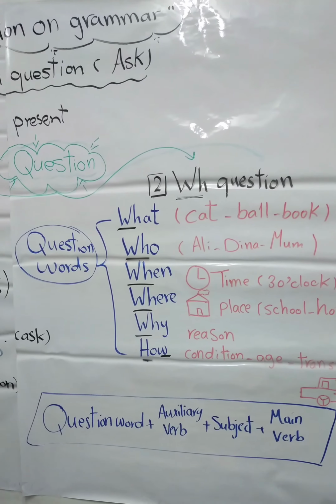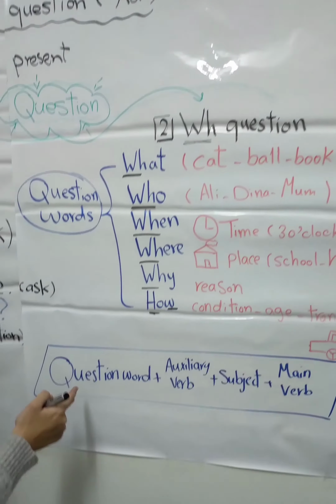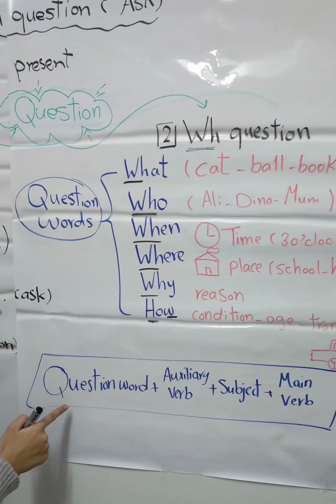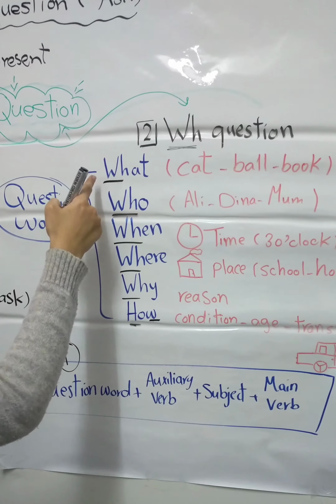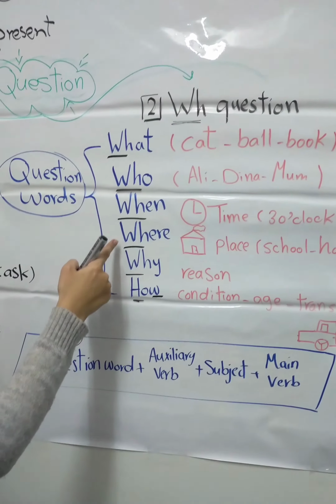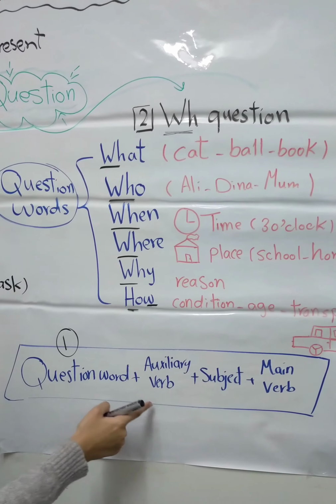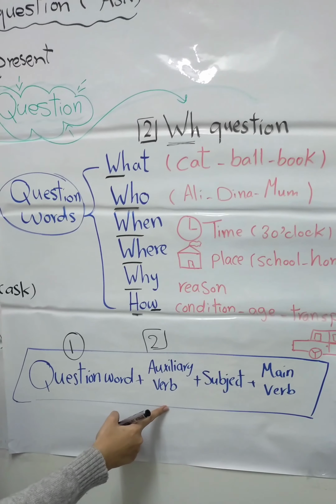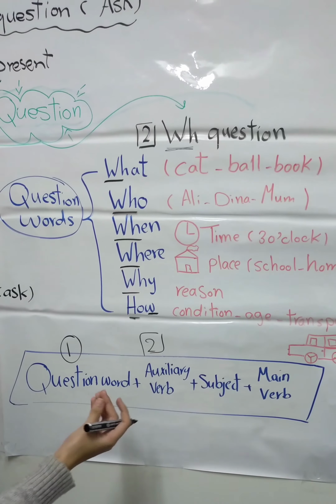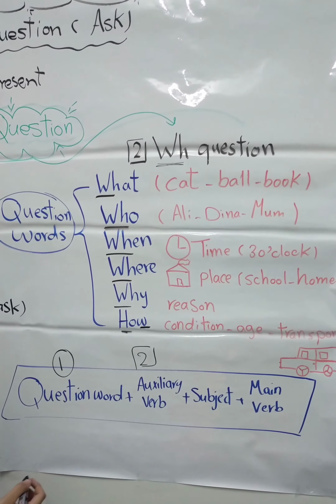Okay. To make a question by WH question, we put, number 1, question word. These are question words: what, who, when, where, why, how. Number 2, auxiliary verb or helping verbs like am, is, are, was, were, do, does, did.